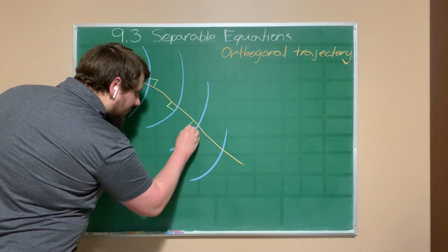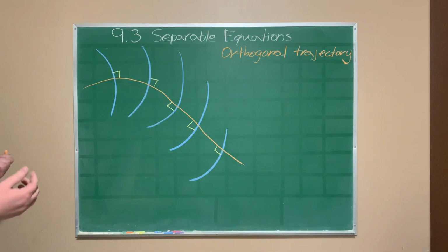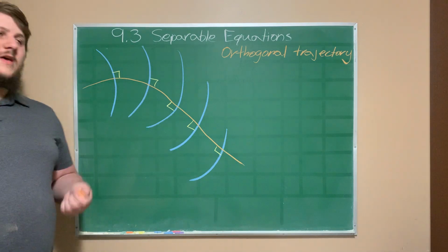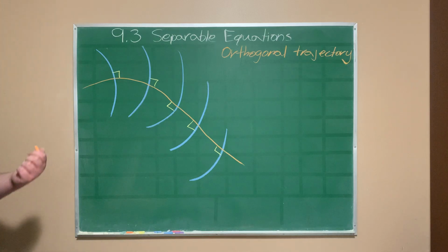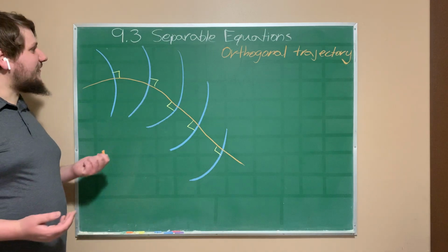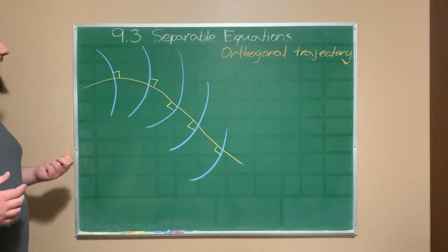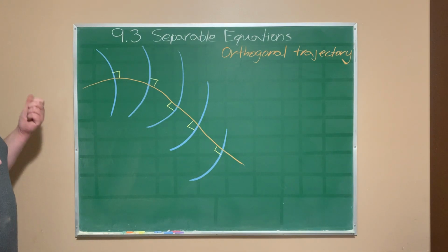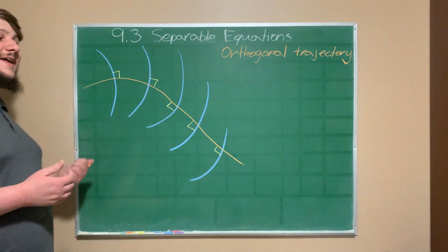And I was probably kind of off on a couple of these, but you get the idea. There's some curve that passes through and does this. And so if you have an infinite family of curves, like you might get as the solution to a differential equation, for example, we could find, alternatively, the orthogonal trajectory by finding something which is always at a 90-degree angle to it.